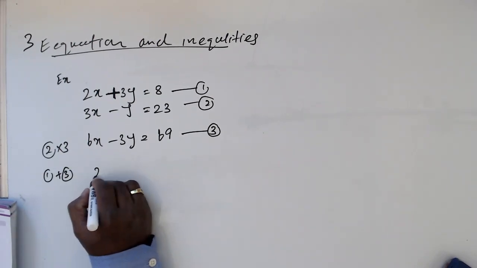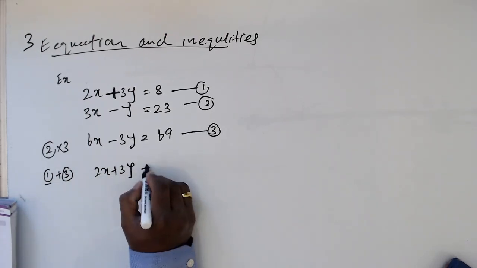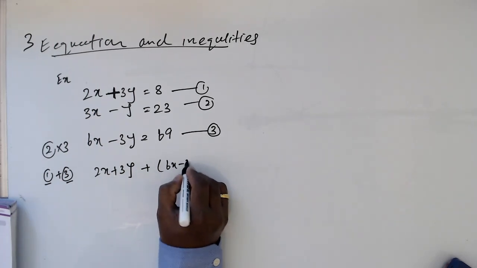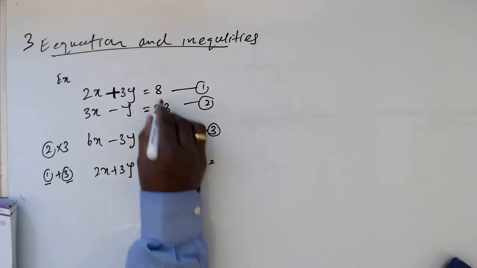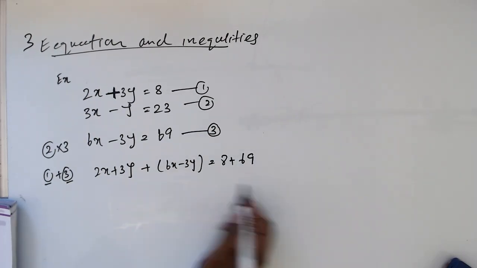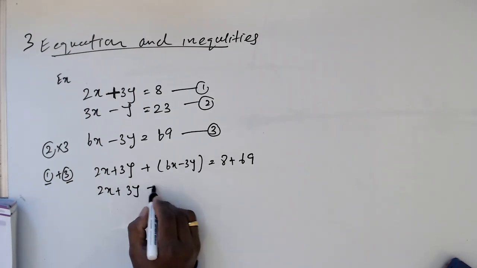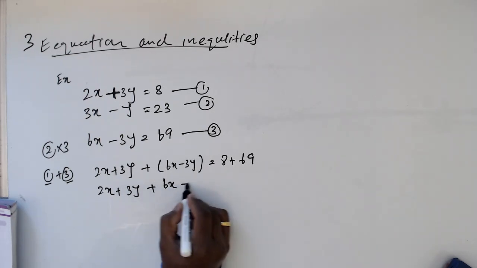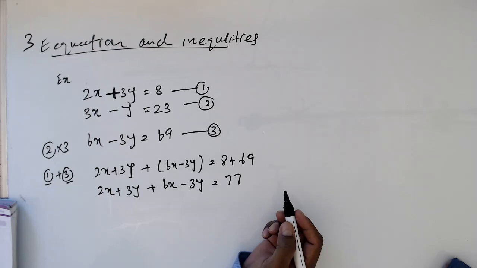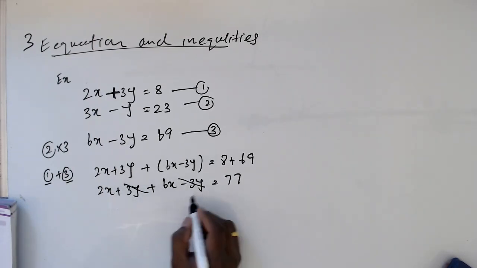This will give 2x plus 3y, the left side of 1, plus number 3, 6x minus 3y, equal to the right side, 8 plus 69. Now this is 2x plus 3y plus 6x minus 3y equal 77. Now the minus 3y cancels out.